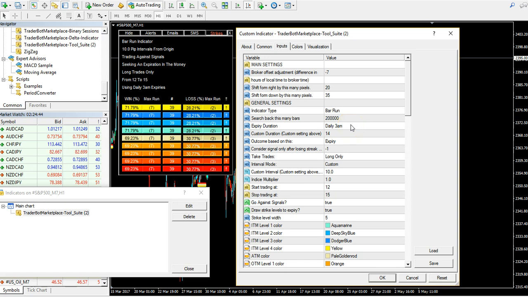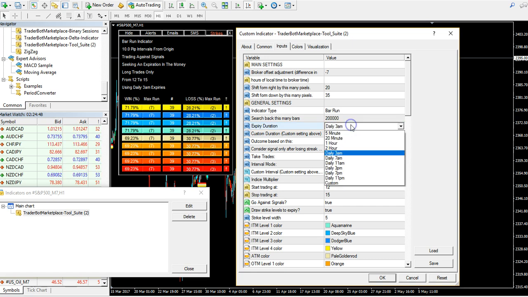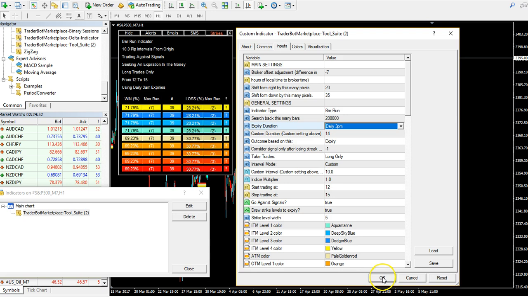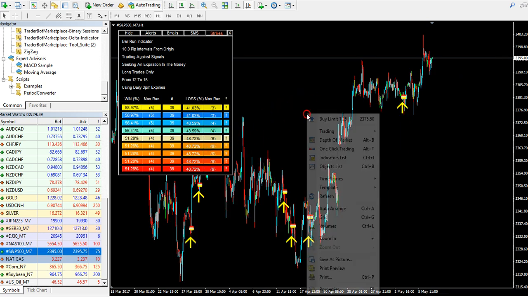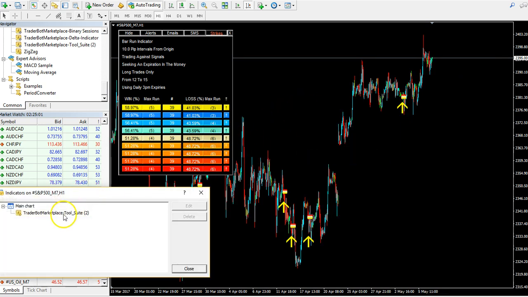If it's a 3 a.m. expiry, the futures get screwed around in the middle of the night. I'm going to change that to a 3 p.m. expiry. There we go. Okay, so the longs are 51%. Let me see what it says on the short side.